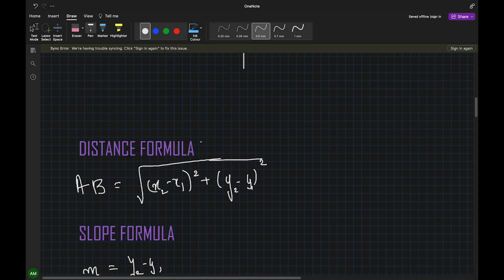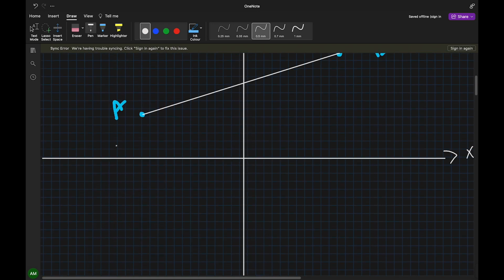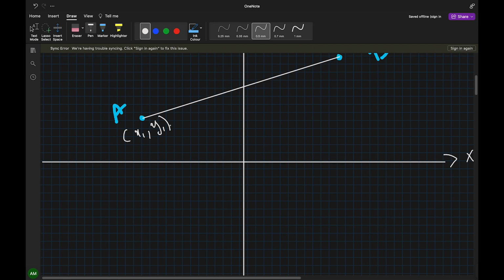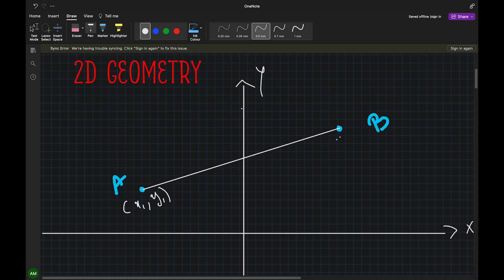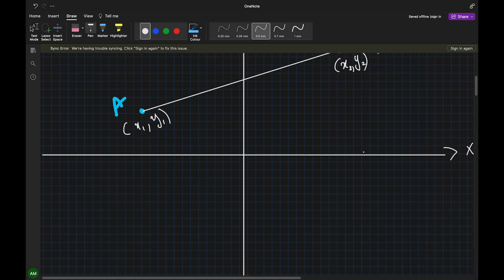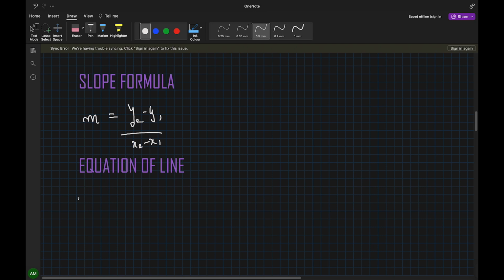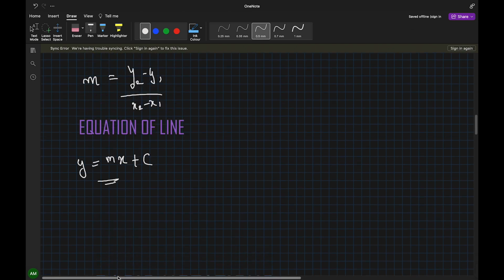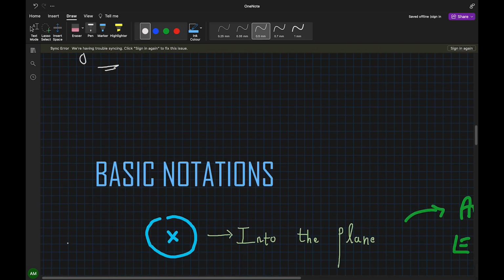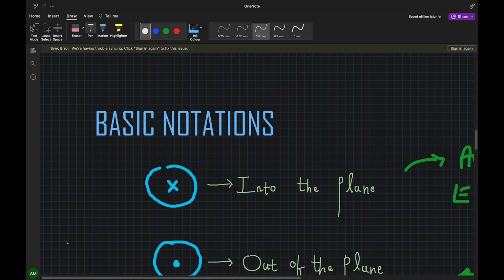Let the coordinates of A be x1 y1 and coordinates of B be x2 y2. Okay, now distance formula, slope, and what is the equation of line? Then y is equal to mx plus c. Clear? Done.